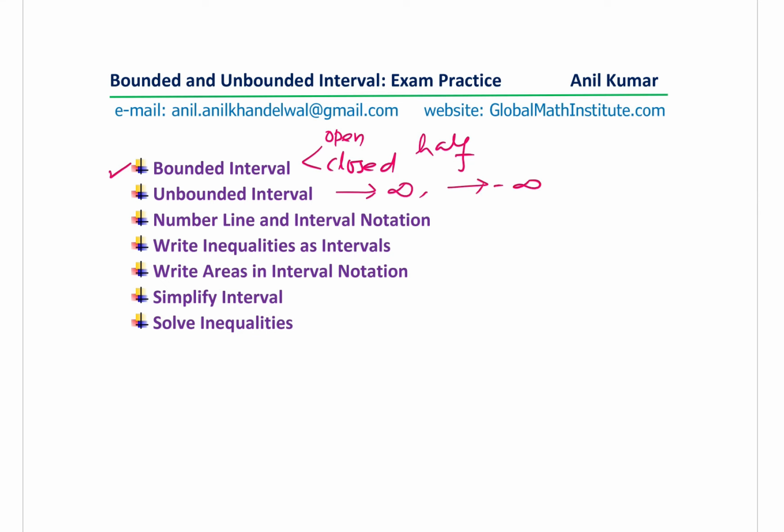On a number line, we can always check our results, so we could always write down a number line and show the intervals. A circle which is not filled in is for the open interval. But if we have a circle which is filled in, then in that case, that will be a closed interval.